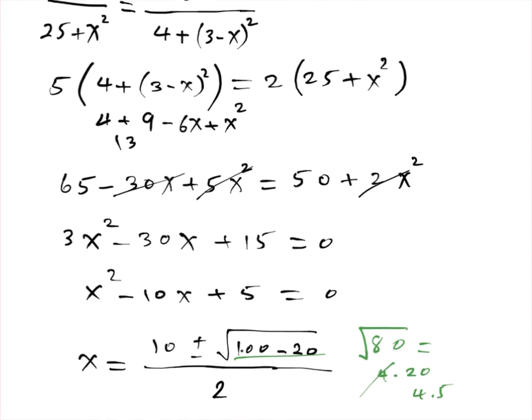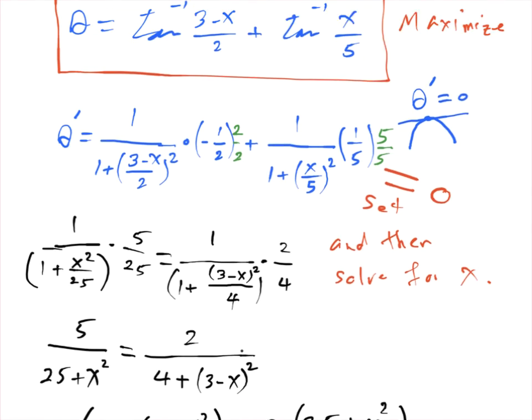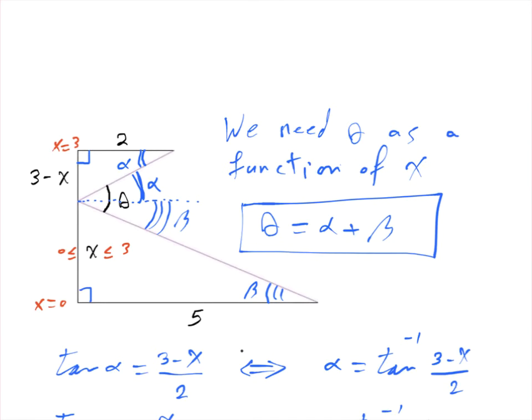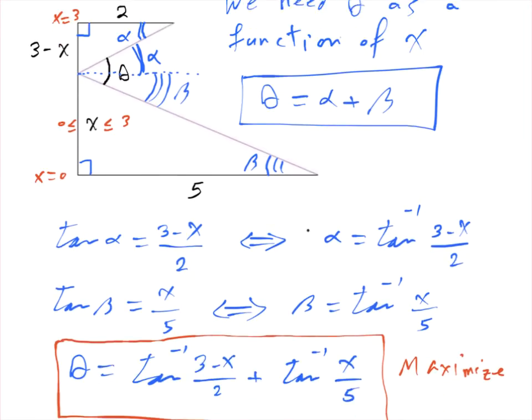What do you think? Let's look at the picture, see if both of them can be an answer. What if x is 5 plus 2 square root of 5? Does that make any sense? The highest x can get is 3, right? Because this side, all of it is 3, so x cannot be bigger than 3.